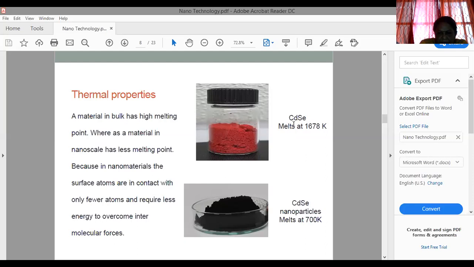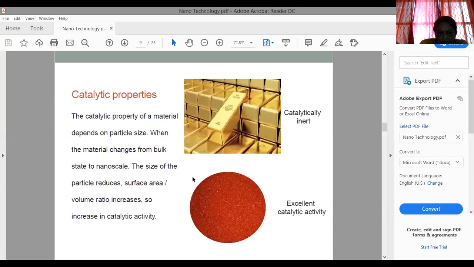For example, cadmium selenide, this is the bulk, and it melts at 1678 Kelvin. The same substance, when it is converted into nanoparticles, melts at 700 Kelvin. And you can see the color change also. The same material's color changes and the melting point changes in the bulk and in the nano size.